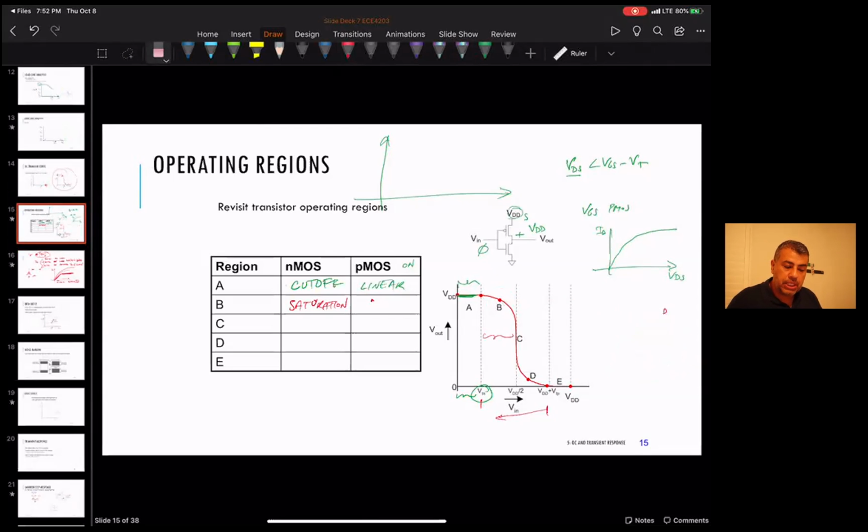If I look at the P, it's on, but look at the drain source. The drain source of the P is basically at VDD, maybe 0.9 VDD minus VDD, so it's pretty small. The drain source of the P is smaller than the gate source minus VT, so the P is still in linear mode.